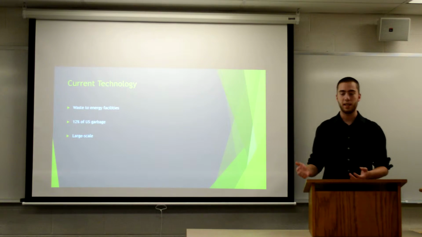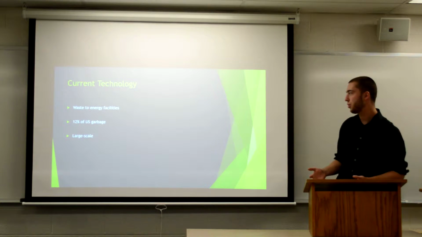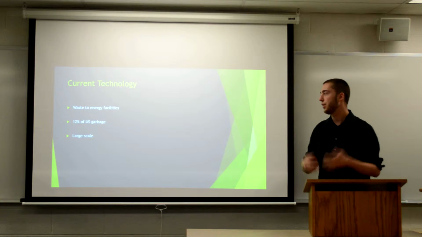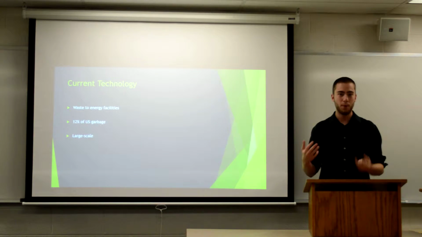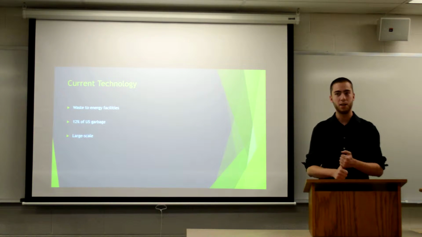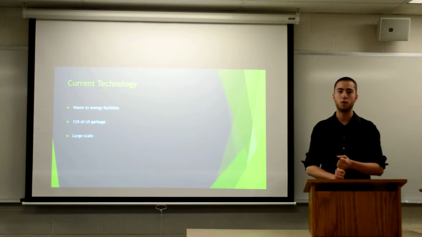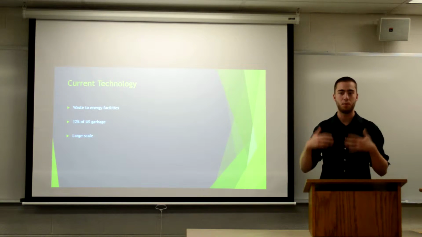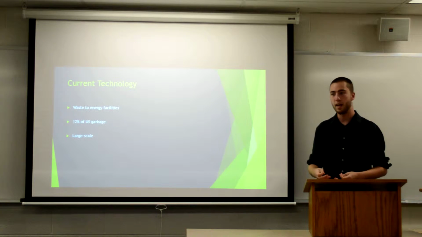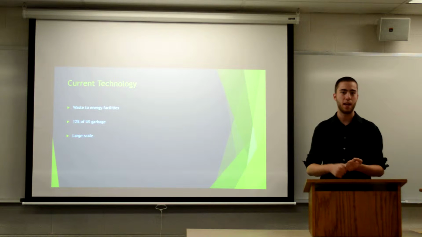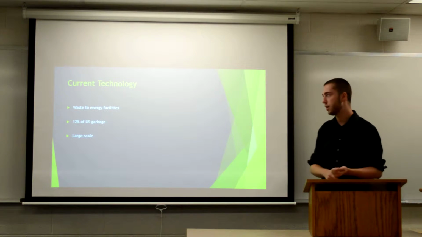So for current technology that addresses these issues, they're mostly on the large scale. For this project, I'm looking at waste-to-energy facilities that burn trash to produce energy, as well as anaerobic digesters that digest and process human and animal waste to generate fertilizer and biogas, which can be burned for energy.